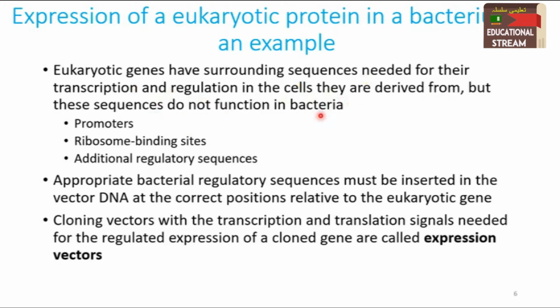But these sequences do not function in bacteria, because promoters, ribosomal binding sites, and additional regulatory sequences are the elements required for controlled expression in a bacterial cell. So appropriate bacterial regulatory sequences must be inserted in the vector DNA at the correct position relative to the eukaryotic gene.